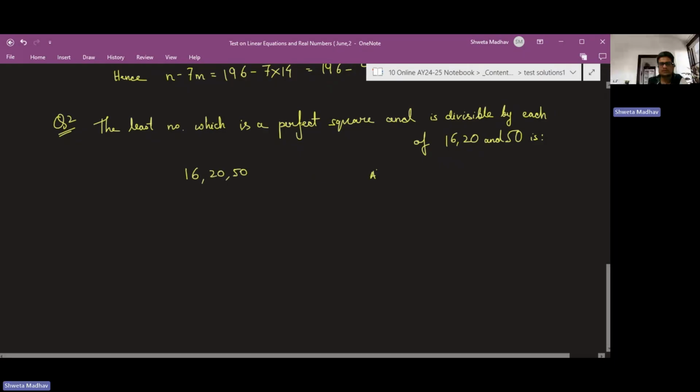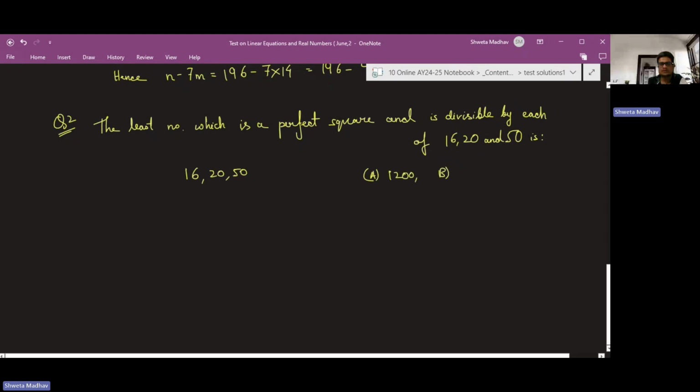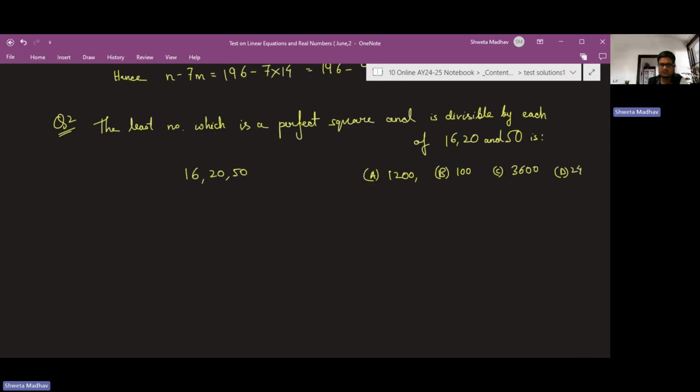And here the options given are option A is 1200, option B is 100, option C is 3600, and option D is 2400.